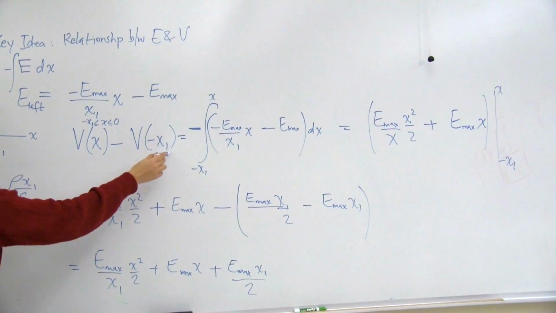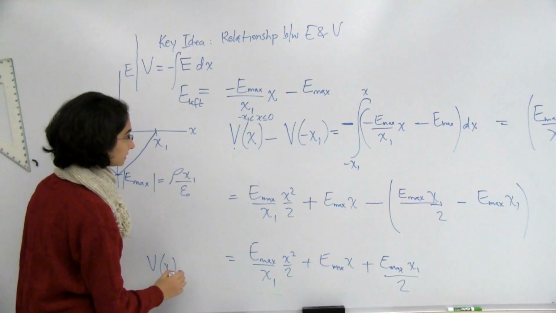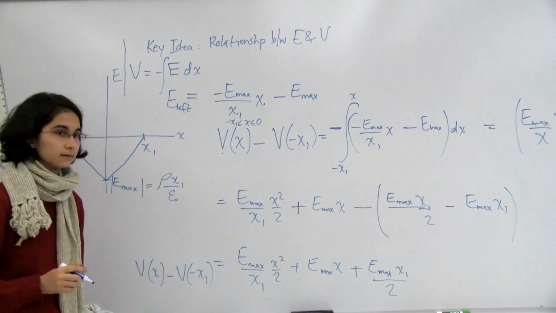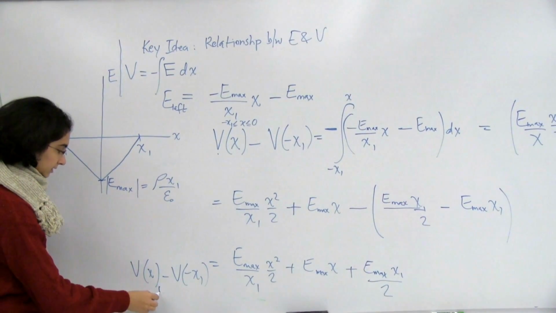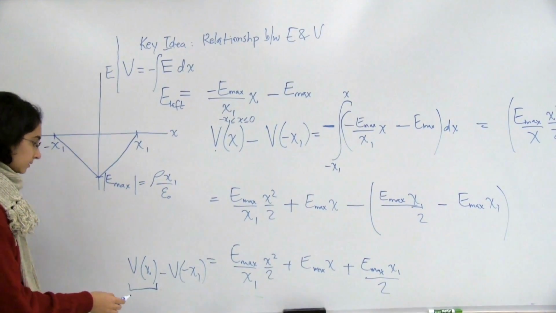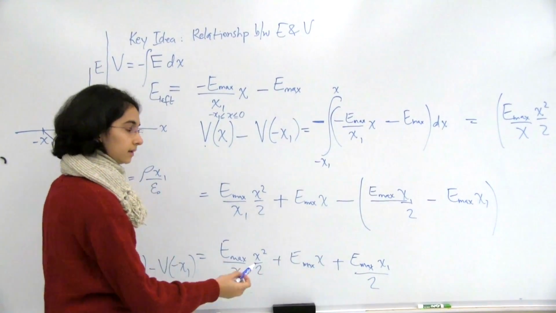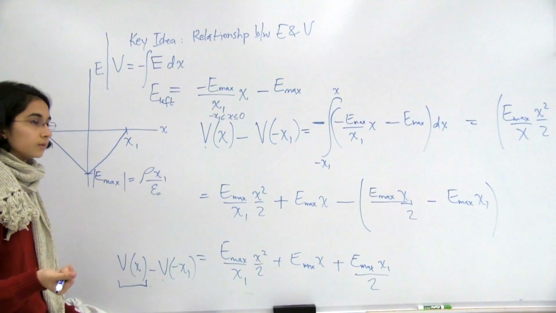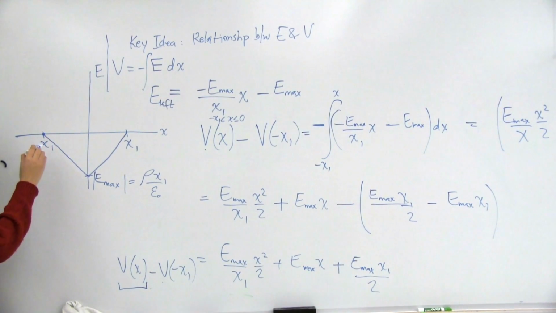This is V at some x less than 0 minus V at negative x1. What we were asked for was just this. So we'll take this to the other side, and in the question we were told that you can assume that the voltage here is 0.